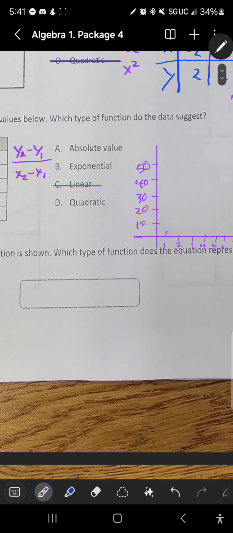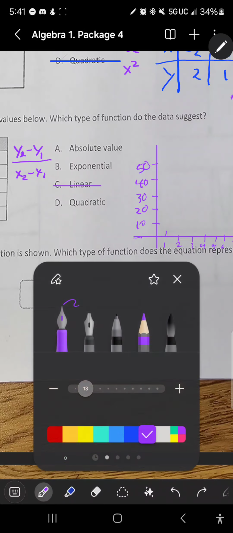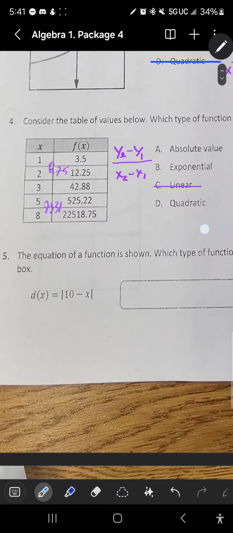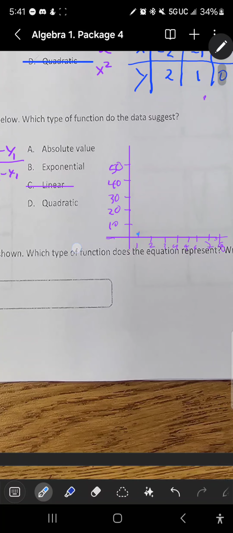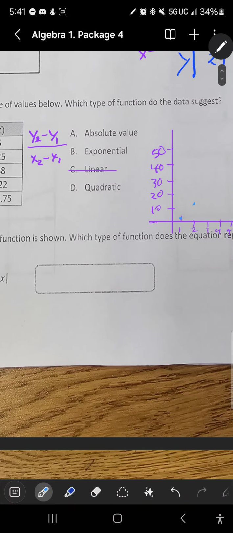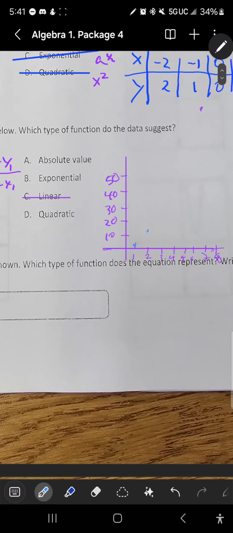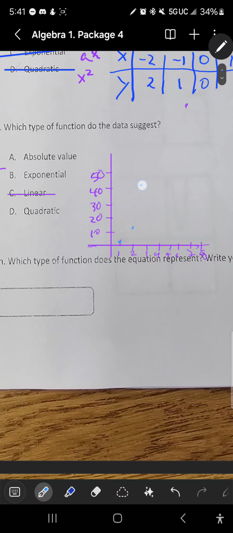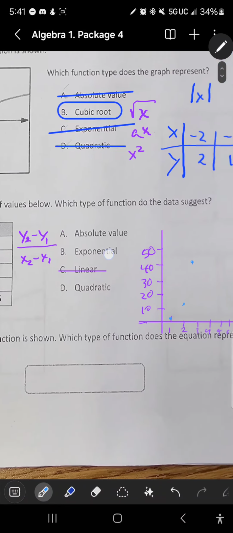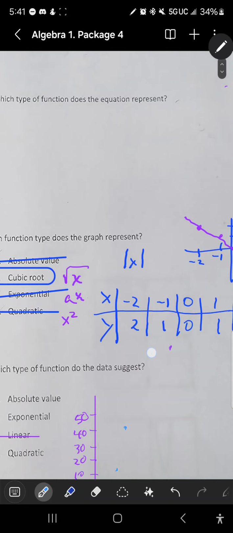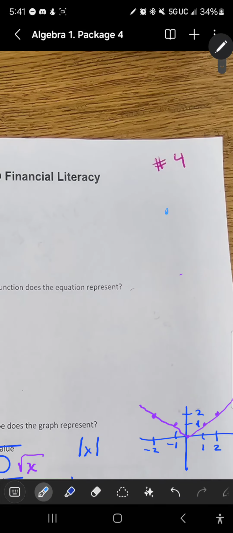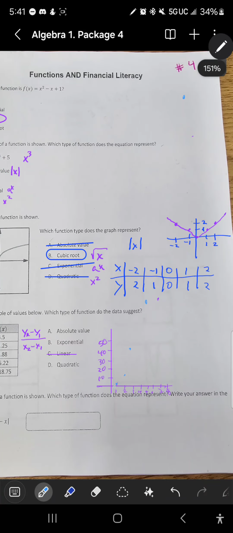So 1, 3.5 is going to be somewhere around here. Then 2, 12.25 over here, 3, 42.88 over here. Then 5 with 500 over here, and then 8 with 2,000 all the way over, like over part of the paper.